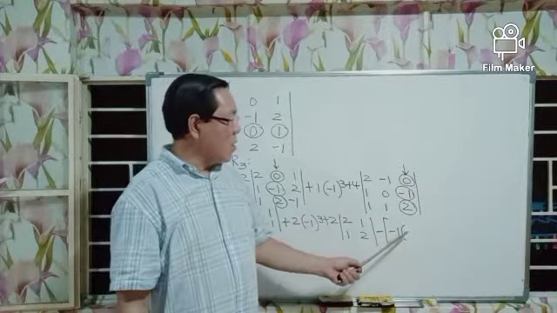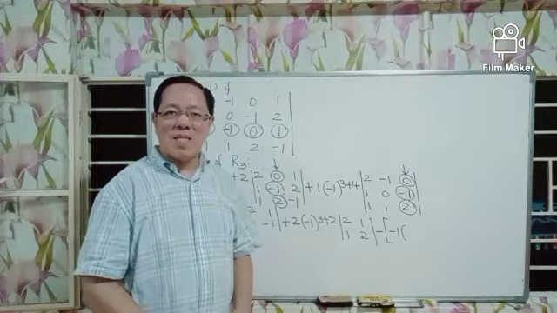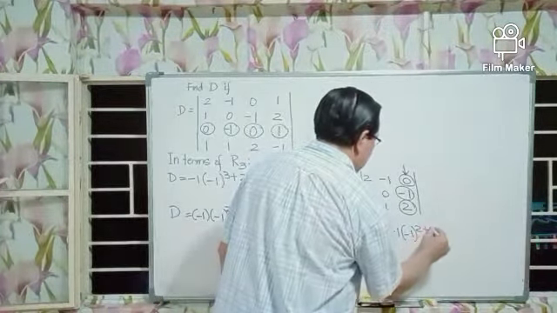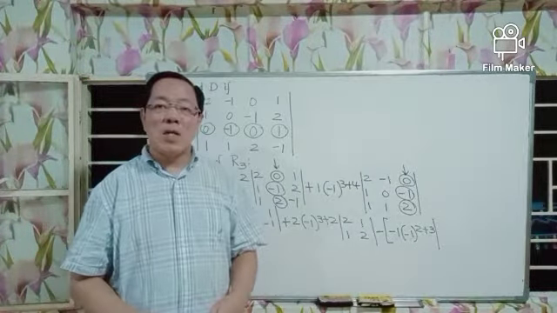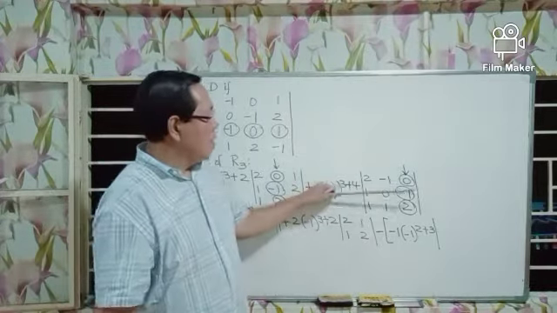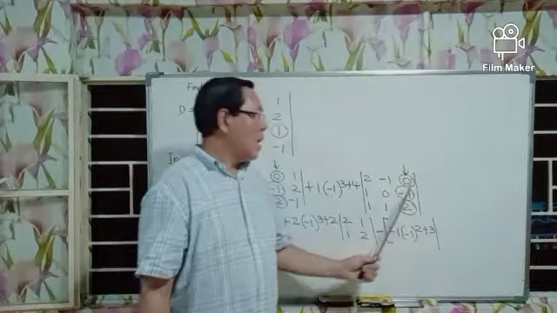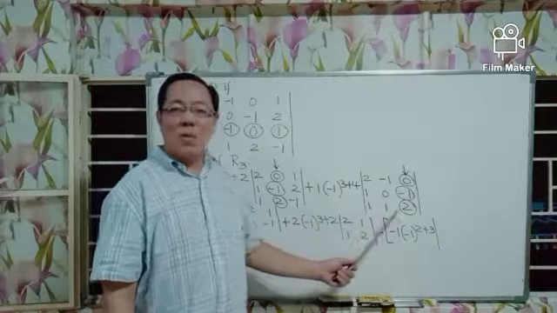We write minus 1 multiplied by quantity negative 1 to the power 2 plus 3. Multiply by determinant of order 2 obtained by deleting the second row and the third column, and the entries that remain are 2, negative 1, 1, 1.